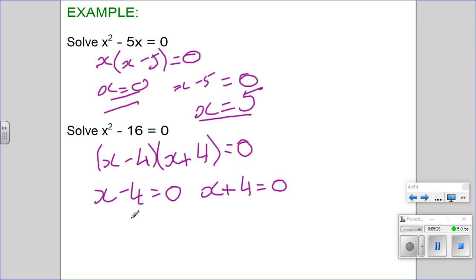Okay, so 4 minus 4 makes 0, so x is 4. Negative 4 plus 4 makes 0, so x is negative 4. And those are your two solutions. And again, plot those on Desmos and check them, and you'll see that I have told you exactly what those roots are. And you'll see them clear as anything.